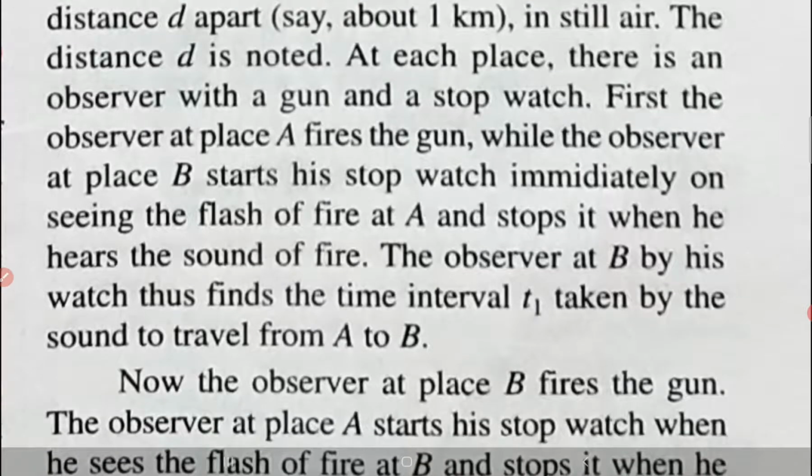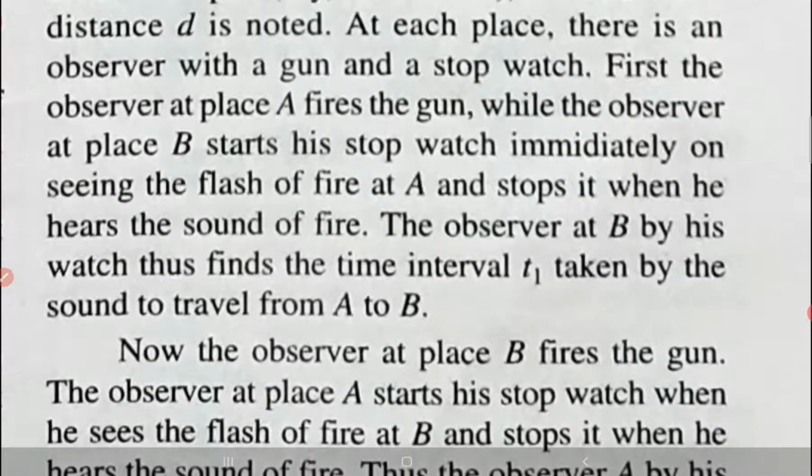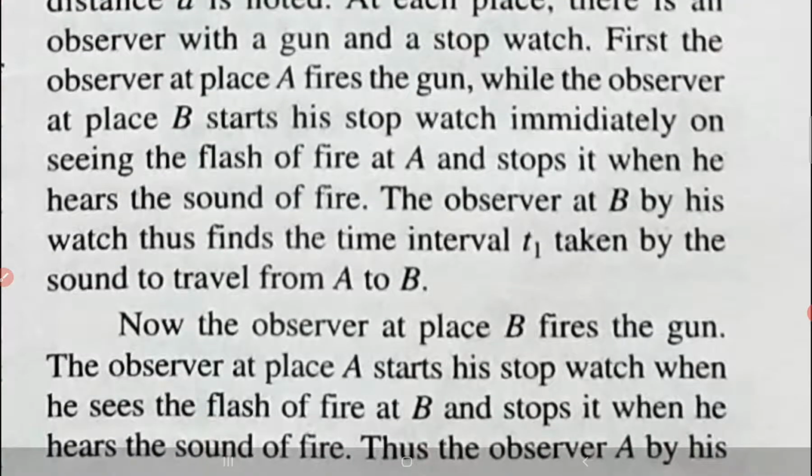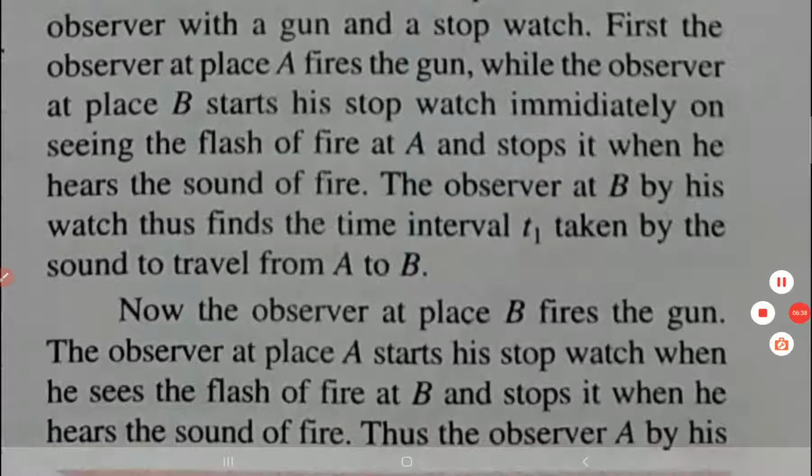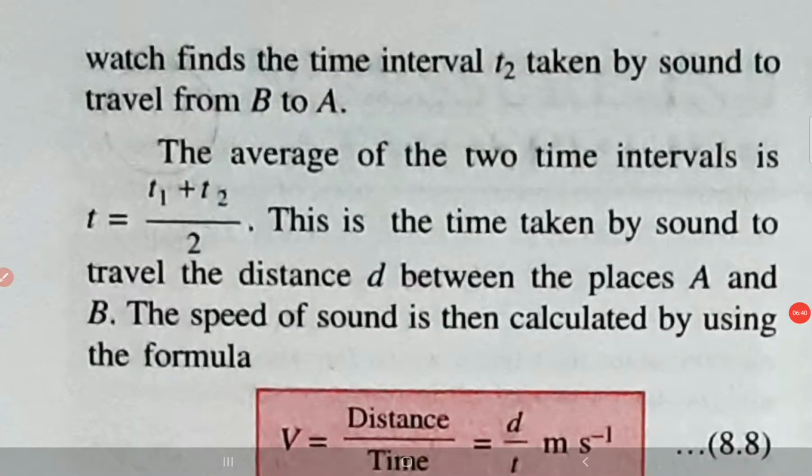The observer A does the same thing what B had done. He starts his stopwatch when he sees the flash of fire at B and stops it when the sound comes to him, right. Thus the observer A by his watch finds the time interval T2 taken by the sound to travel from B to A.